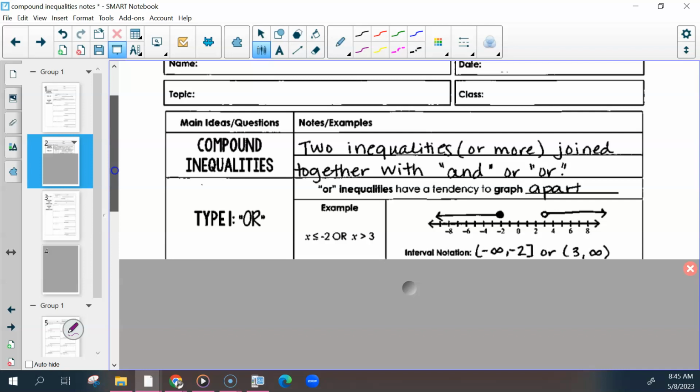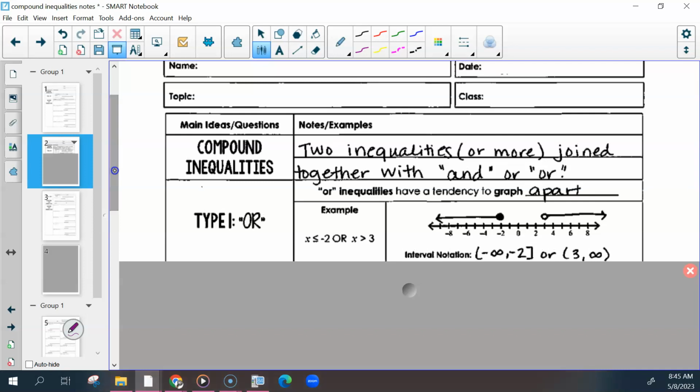If this was the example, like we solved it and this is the answer we got, we would graph them both separately. This would be a closed circle because it has the line underneath going to the left. This would be an open circle because it doesn't have the line underneath going to the right. The interval notation you could write, but this time around, as long as you know one of them, this or this, it doesn't matter which one you put.